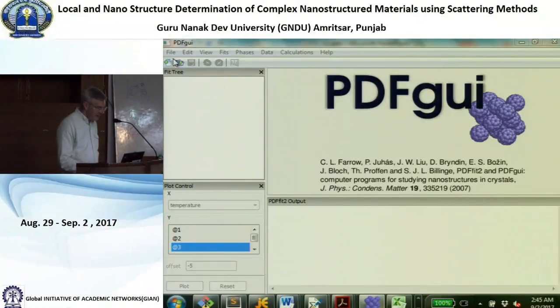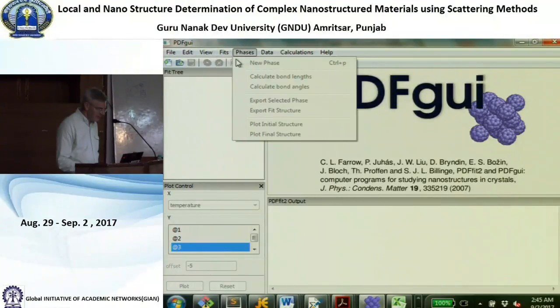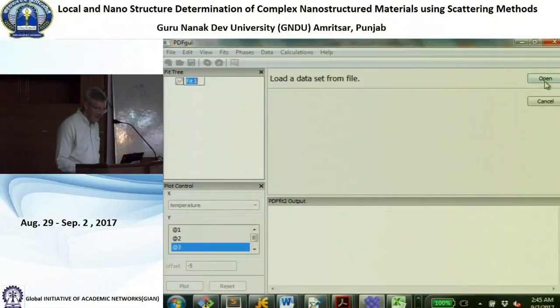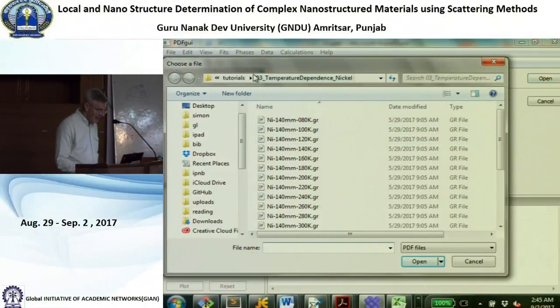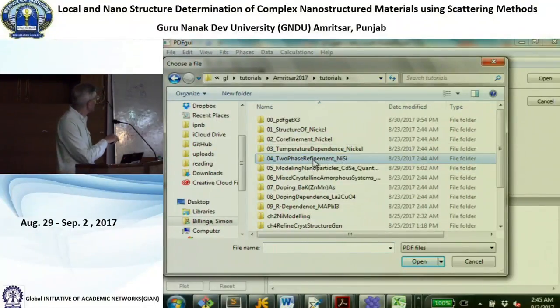The one example that we have for that is, so new fit. Now we're going to add data, new data set. The one example that we have here is two-phase refinement nickel silicon.